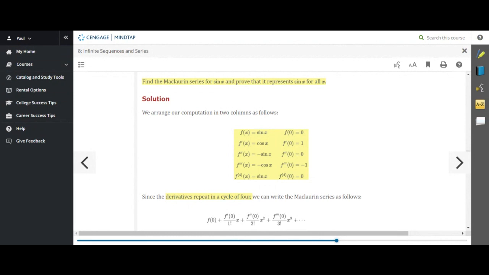Do you see how f of x equals the sine of x, and after you take 4 derivatives, you're back to the sine of x again? So the derivatives repeat in a cycle of 4. The first derivative is the cosine of x, so the fifth derivative would be the cosine of x.